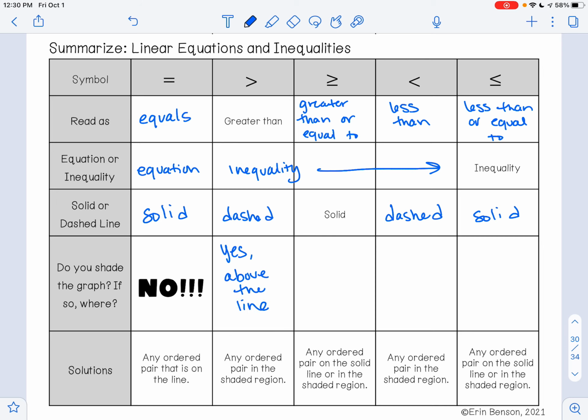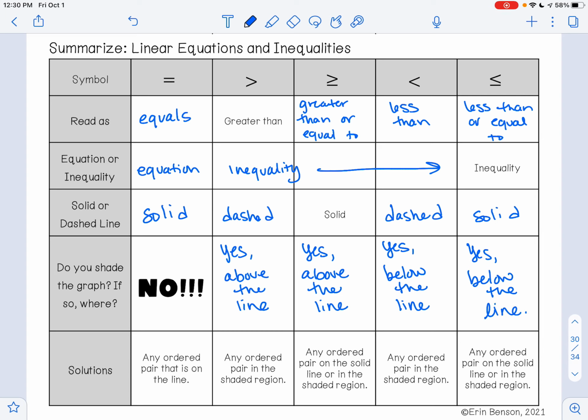For greater than or equal to, you shade above the line. For less than, you shade below the line. And for less than or equal to, you also shade below the line.